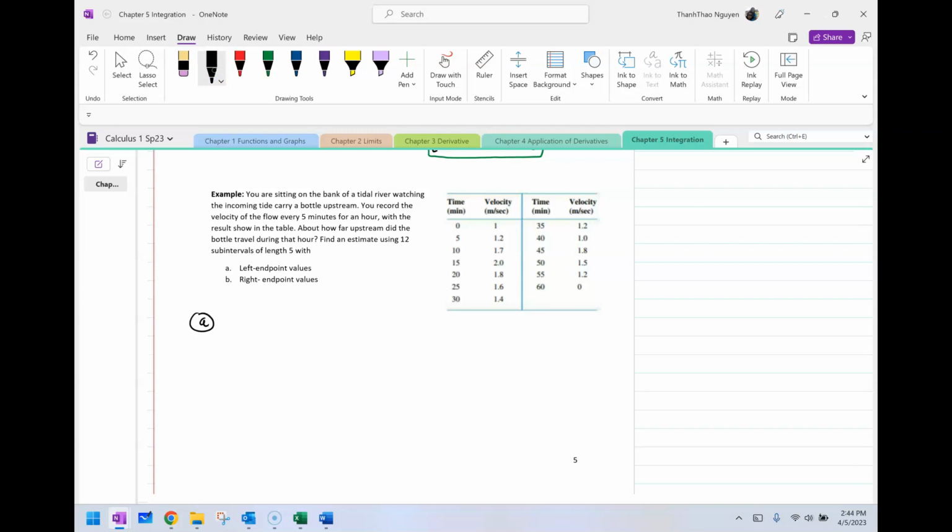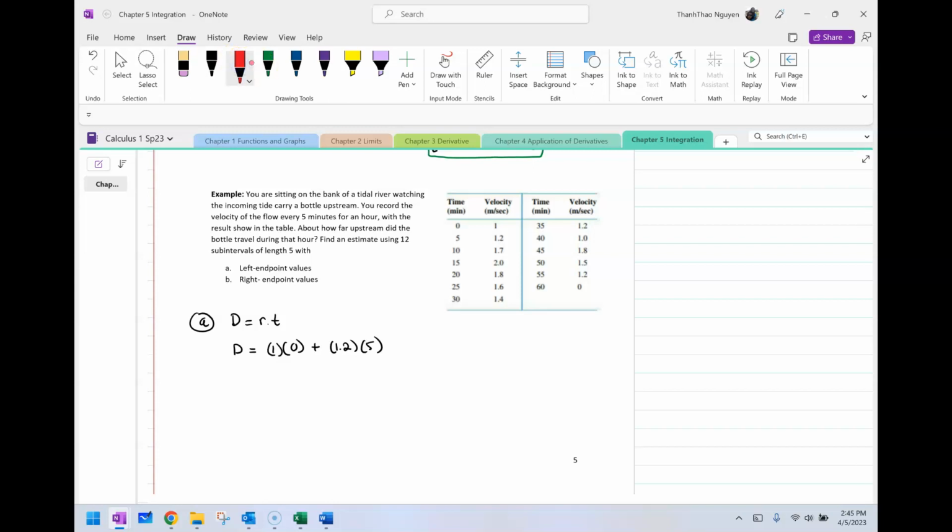Okay. We know that the distance equal the rate times the time. So part A, if we want to use the time equal to the left endpoint, first the rate is 1 times 0 plus 1.2 times 5 using 12 intervals.